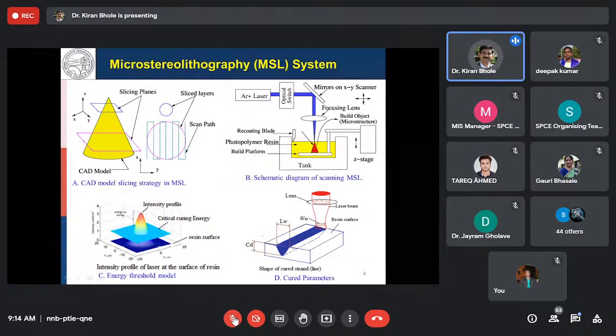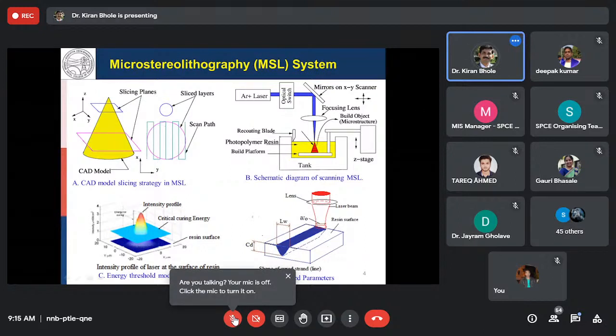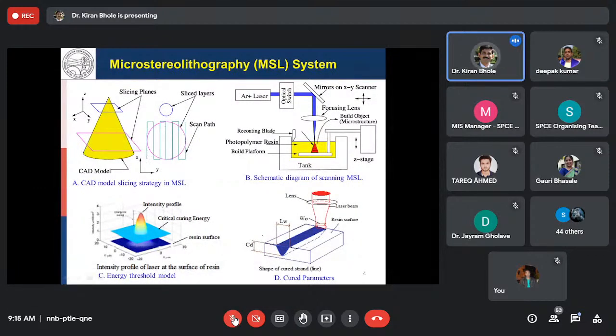This scan path program will give us the output, such as the xy position of the laser and also the laser on-off data. These are the two very important data which the scan path gives: laser on-off data and the laser position data with respect to xy and the time t.